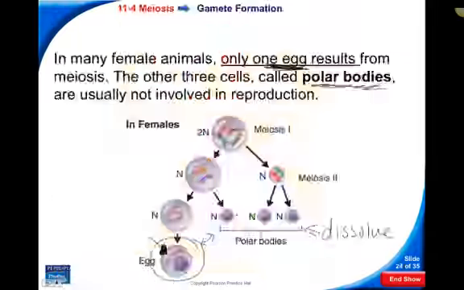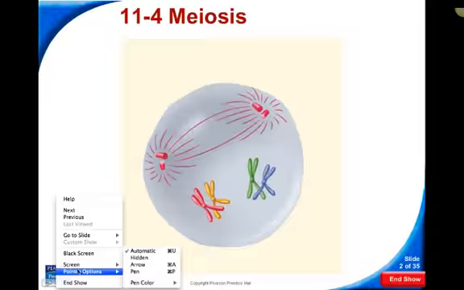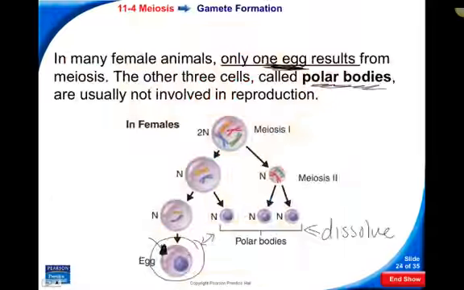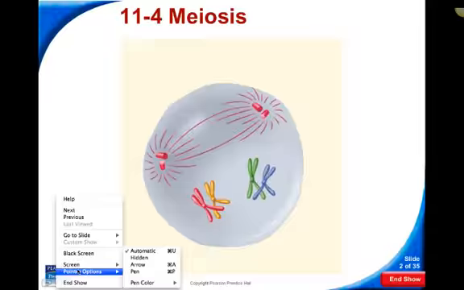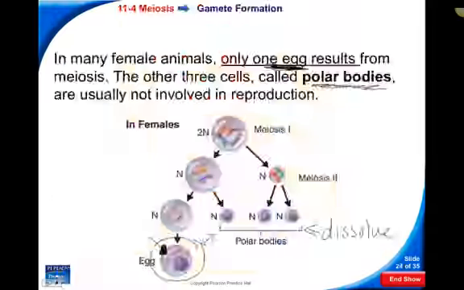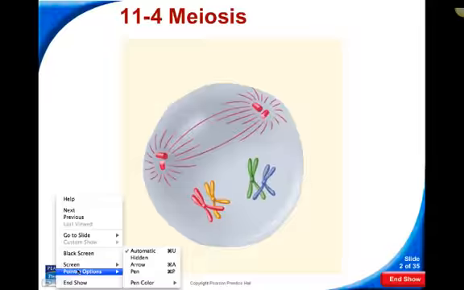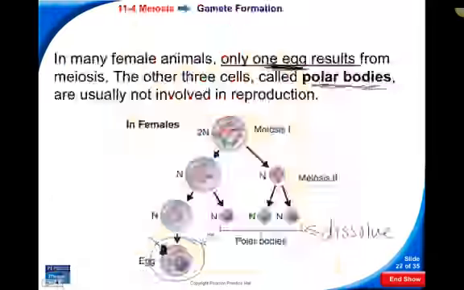So it actually takes the cytoplasm from these before they're even produced to concentrate it all in one egg cell. And you can actually see that nutrient-rich cytoplasm if you eat a chicken egg. The yolk is all that nutrient-rich cytoplasm that is used for the development of the embryo.